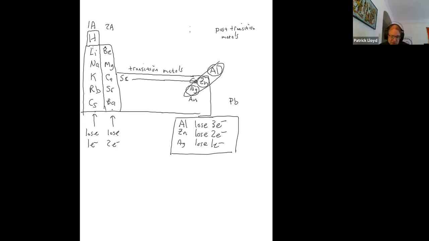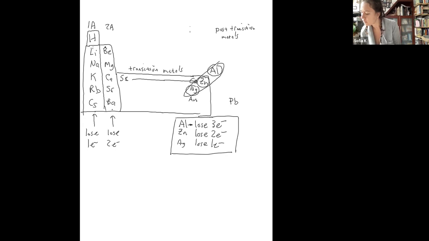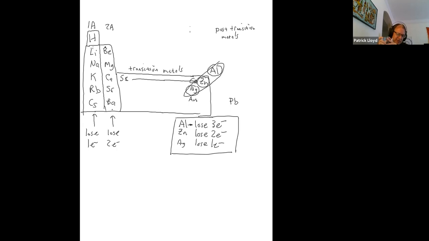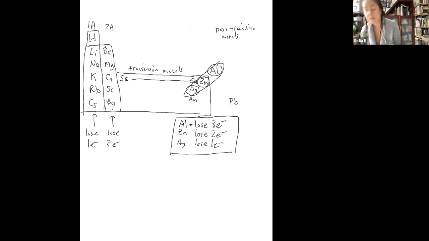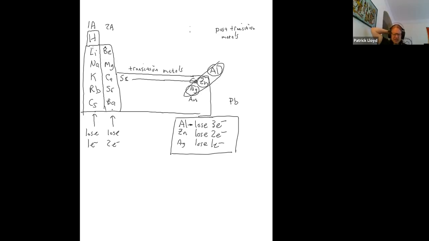Aluminum's right here. It loses 3. Even though it has only 1 valence electron? Am I reading that wrong? It actually has 3 valence electrons because you have to count the valence electrons on the left side as well. Oh, okay. But we'll get to that in chapter 7, much later though.